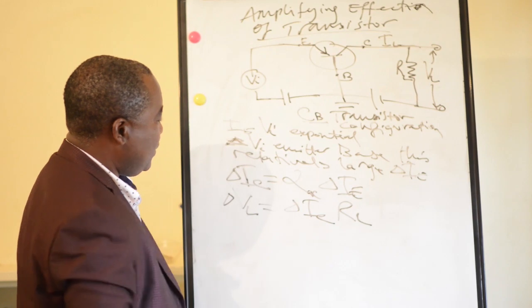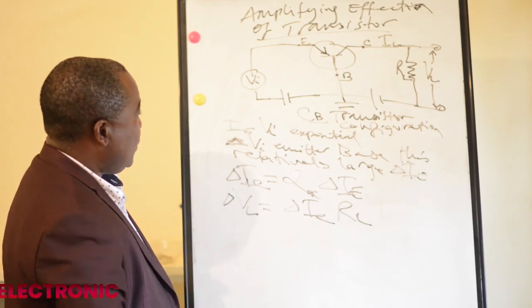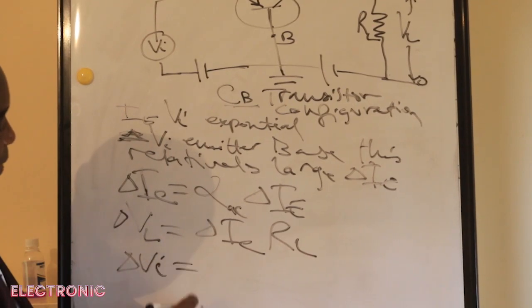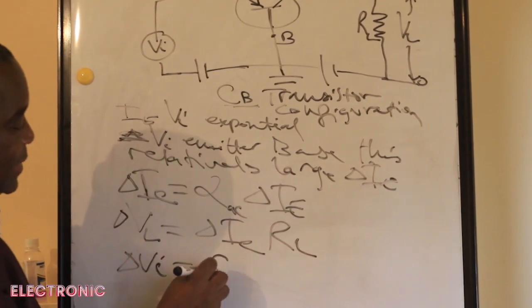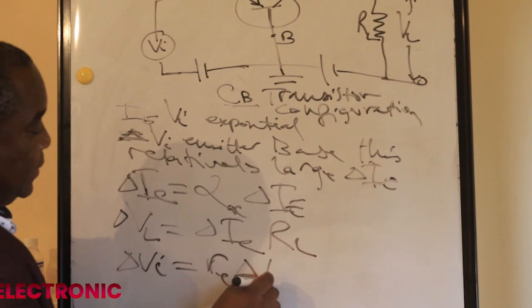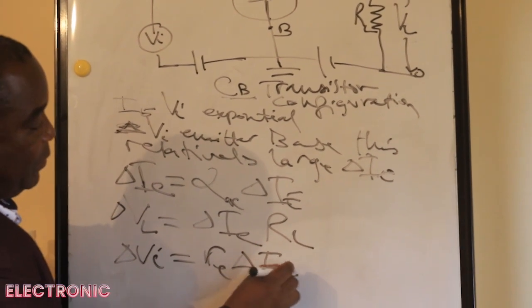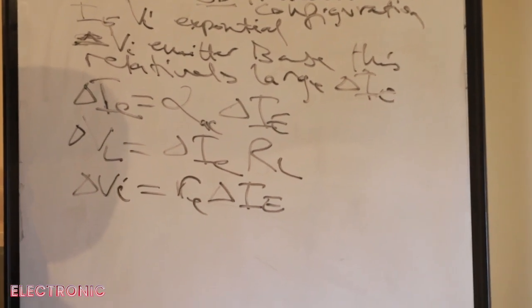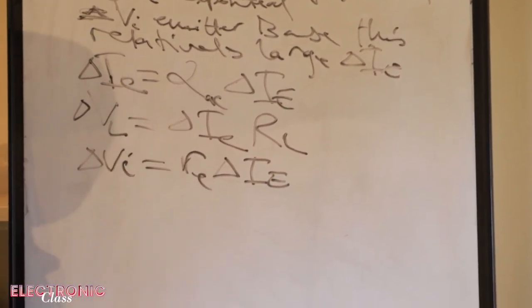And also, the change in input voltage will be shown with this small r, the dynamic emitter junction resistance, times the input emitter current. This is just Ohm's law.